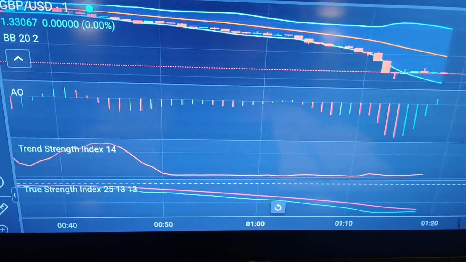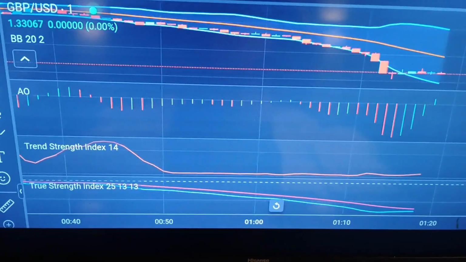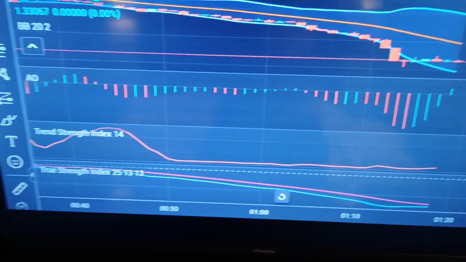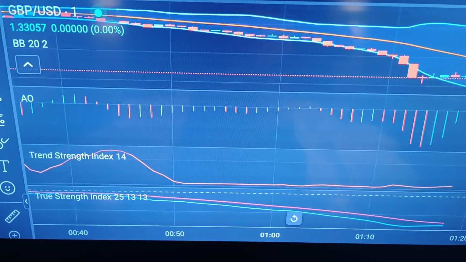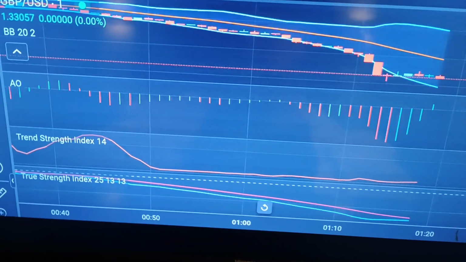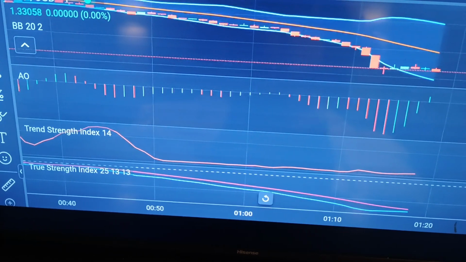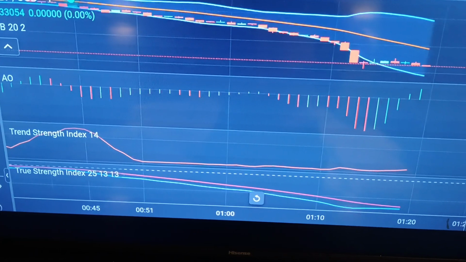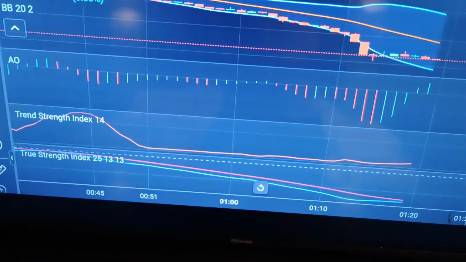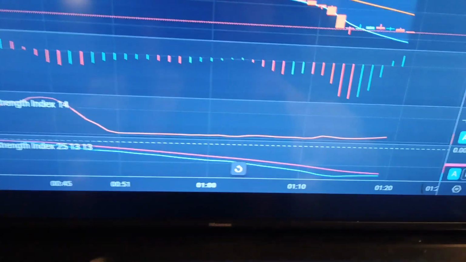If a person decides to utilize Bollinger Bands, I definitely would think that investor should utilize the Bollinger Bands along with several other tools. As you can see in those graphs, you can also evaluate the awesome indicator, the trend strength index, and the true strength index along with the Bollinger Bands as well.